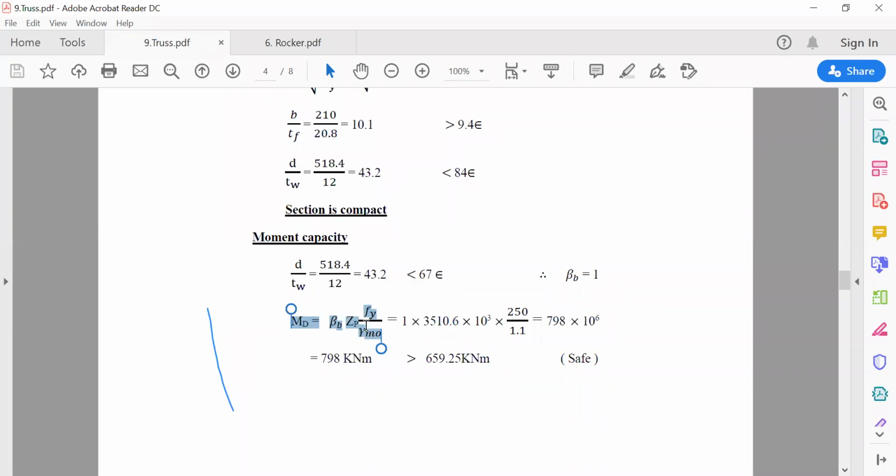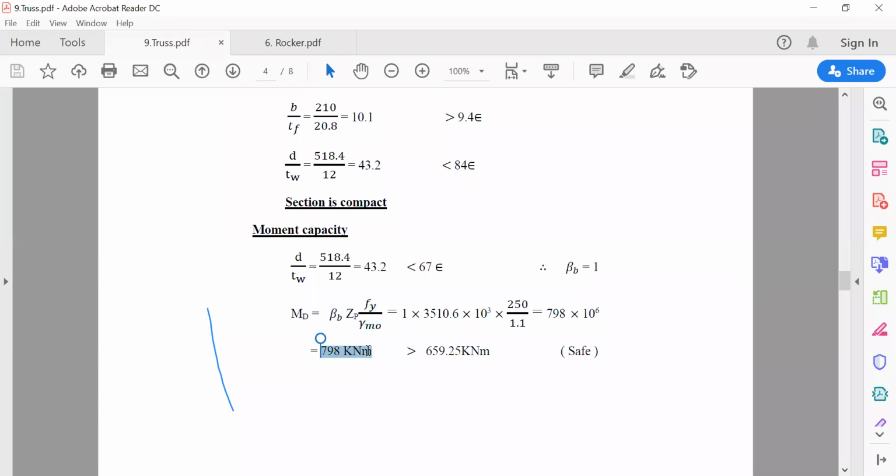For this moment, you will calculate using this formula. Here it is seen that the moment capacity is higher than the applied moment.